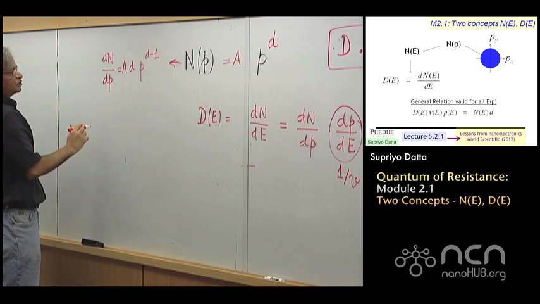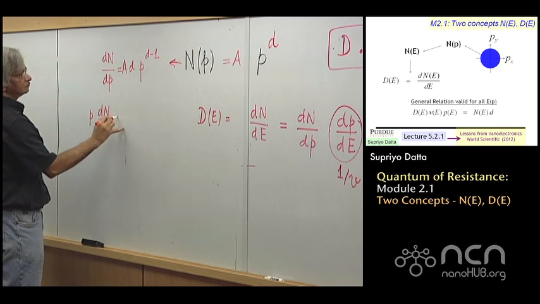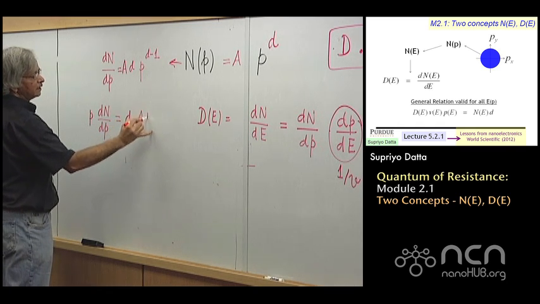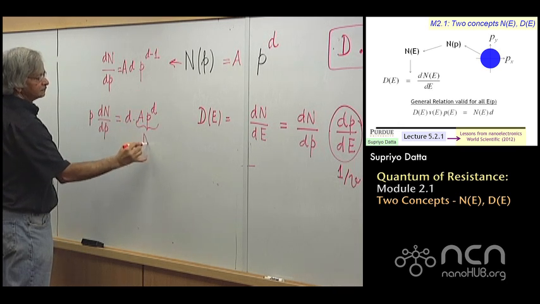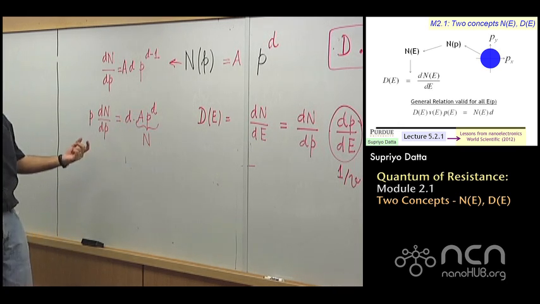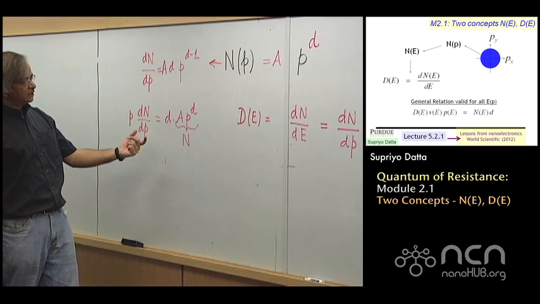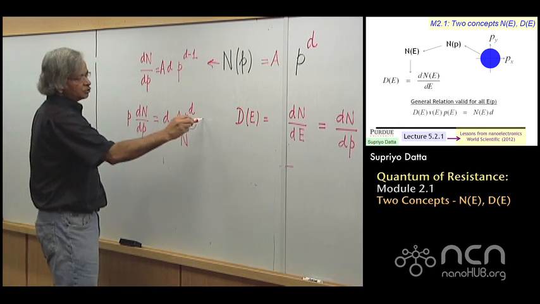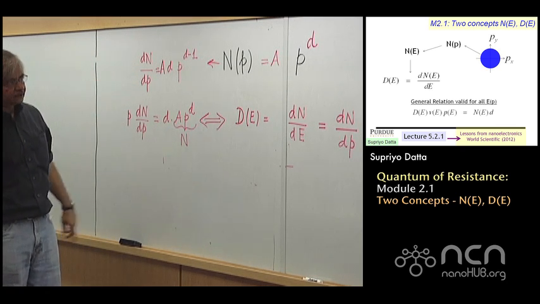Now if I multiply both sides by p, we'll get d times a p to the power d, and that again is N. So the bottom line is that p times dN/dp is equal to d times N. Now if I combine these two relations, you'll get the relation that I stated earlier.